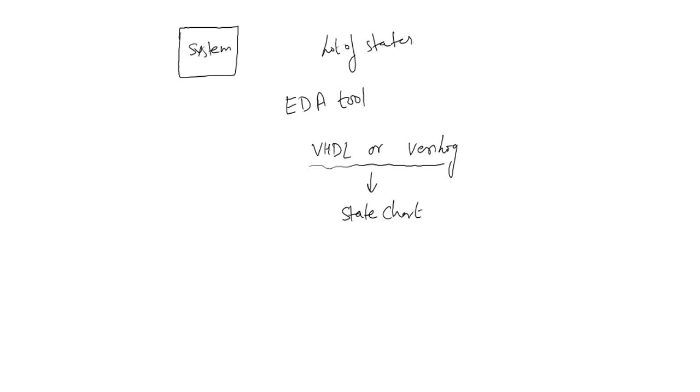So using this state chart, you can optimize the FSMD or you can modify the original program to get the final optimization.